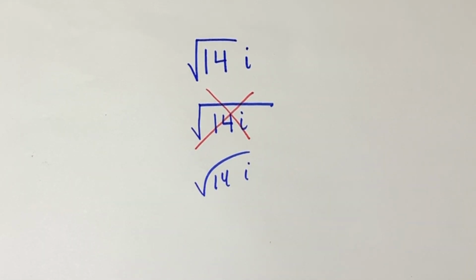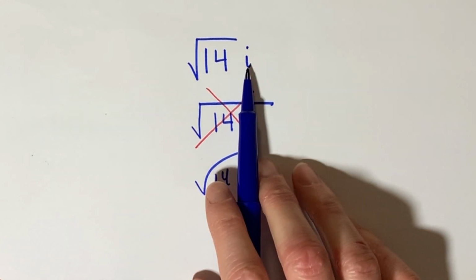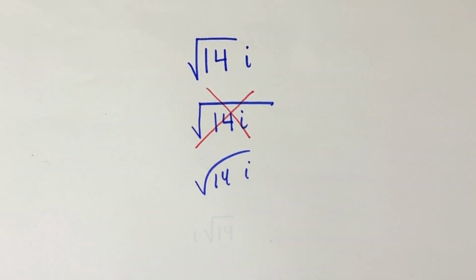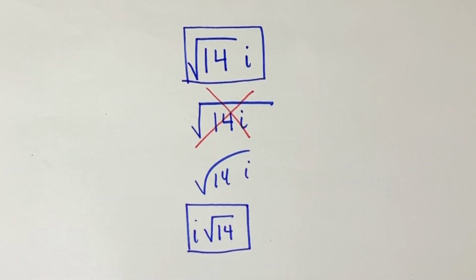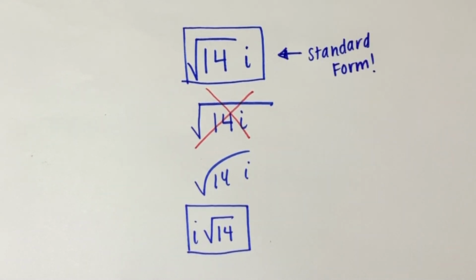Because of that, some teachers like to put the i out front and to write their final answer like this. Either one of these will be accepted unless the problem specifically asks for standard form. If the problem specifically asks for standard form, you want to write your answer like this.